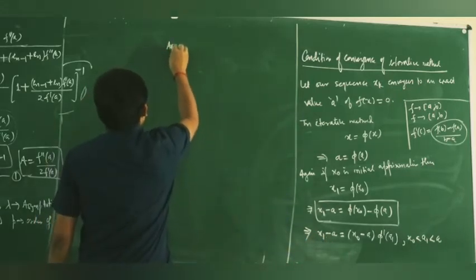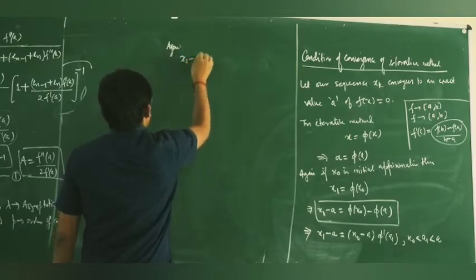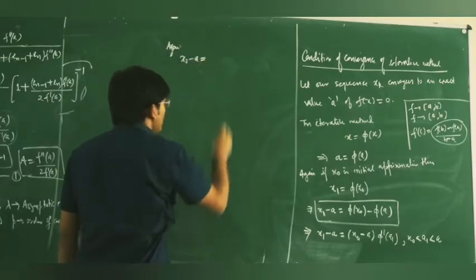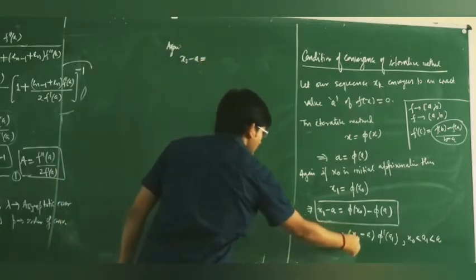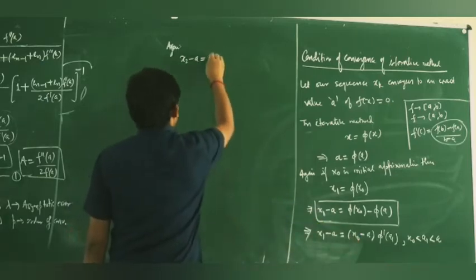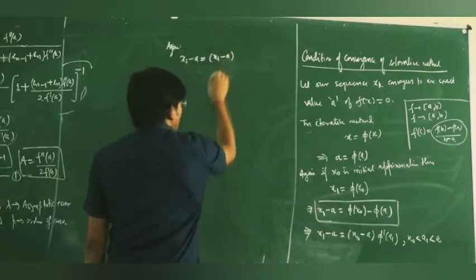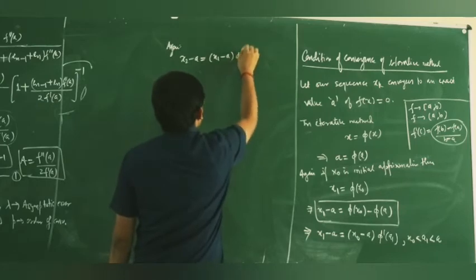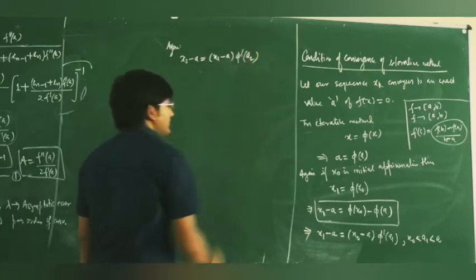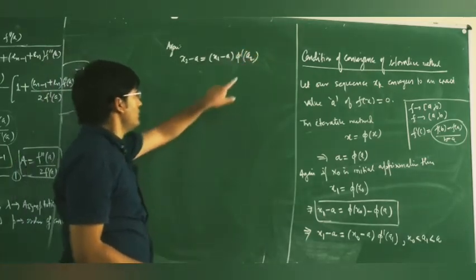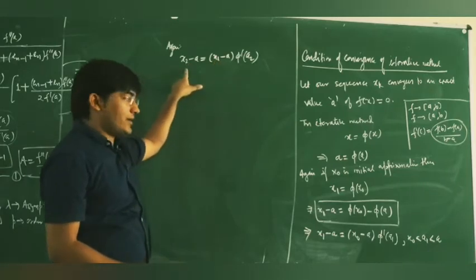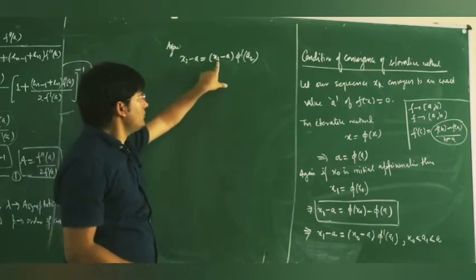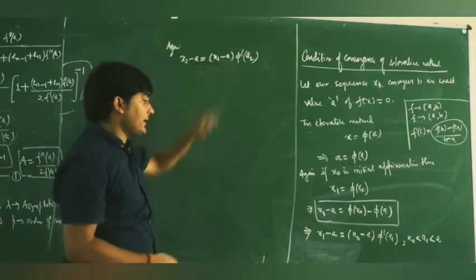Again, x2 minus a will be equal to x1 minus a into phi dash a2, where a2 will be between x1 and a.